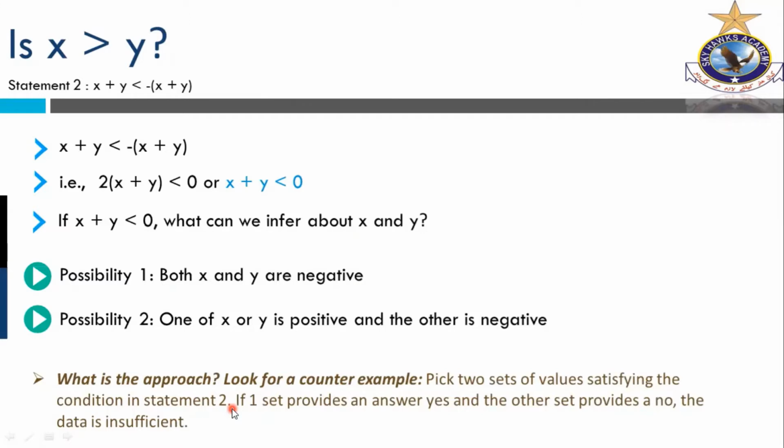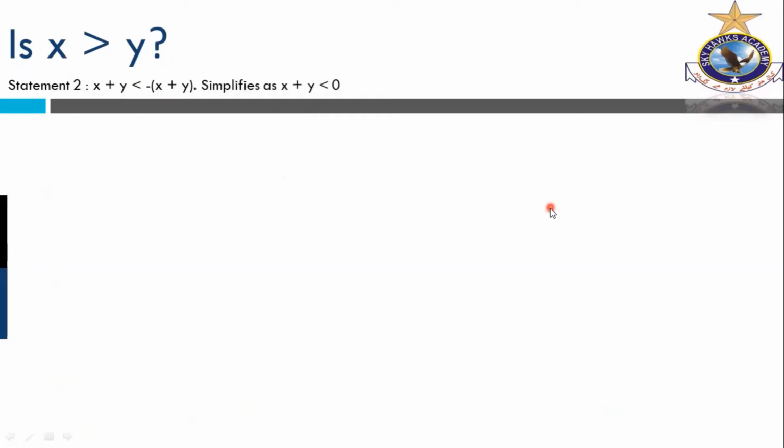What I mean to say is, the hit and trial method is this: if you are selecting two sets of values, both satisfying statement 2, and one gives yes and the other gives no, then we should say that this statement is insufficient. If we simplify statement 2 mathematically, x plus y is less than minus (x plus y).